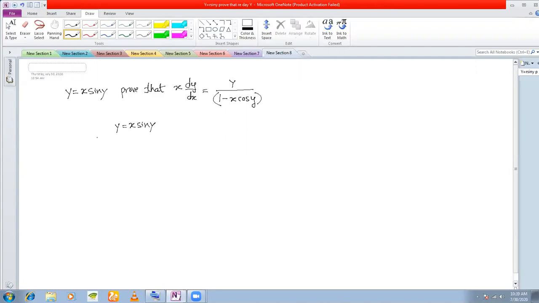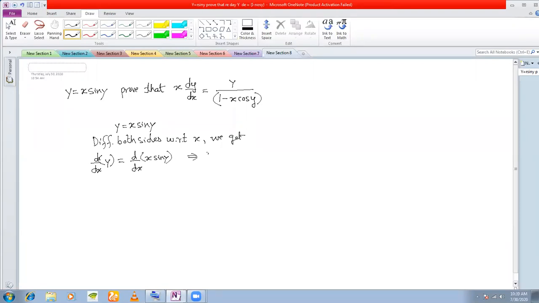Okay, differentiating both sides with respect to x, we get d/dx of y is equal to d/dx of x sine y.